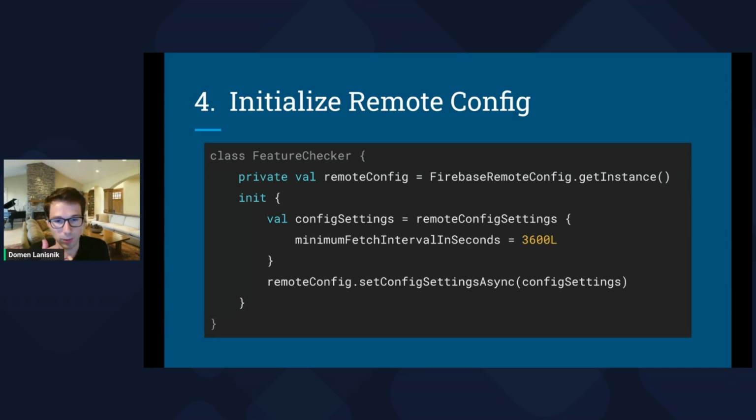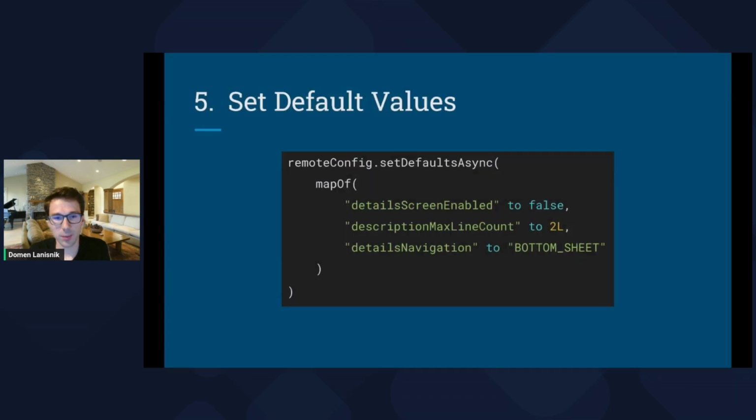So another thing that we need to set up is the default values in the app. Before the feature flag values are fetched from the Firebase Remote Config, you need to have some default values in the app.